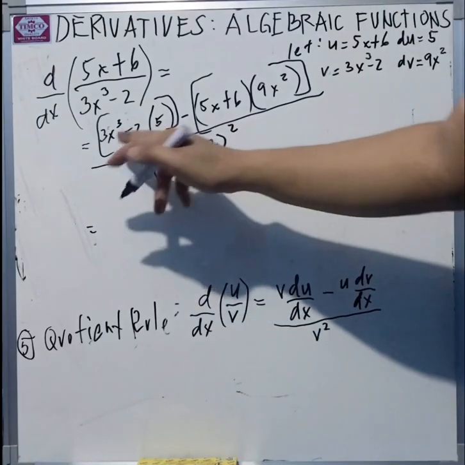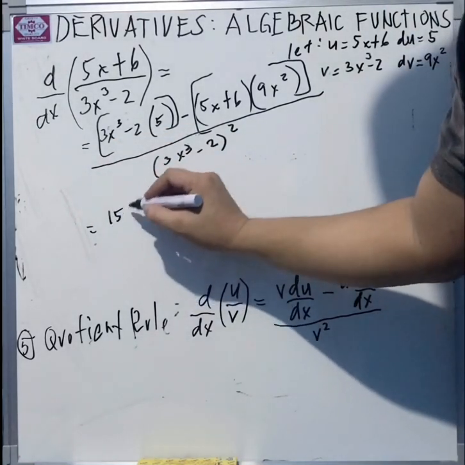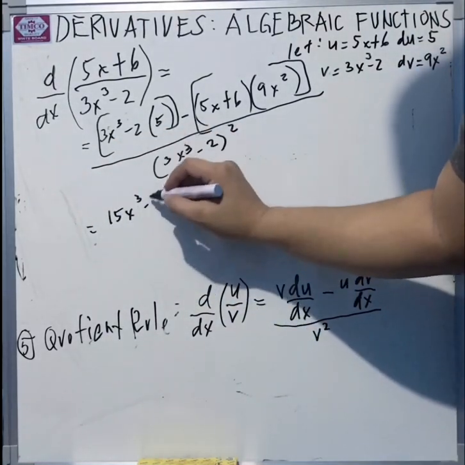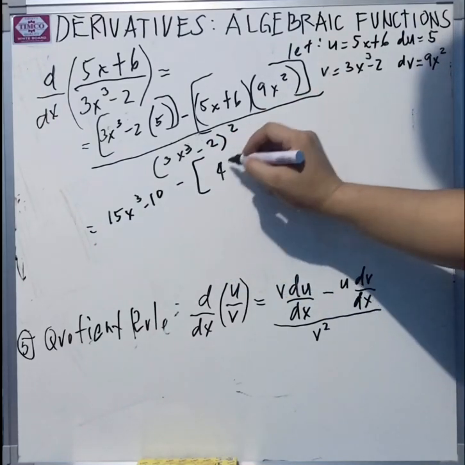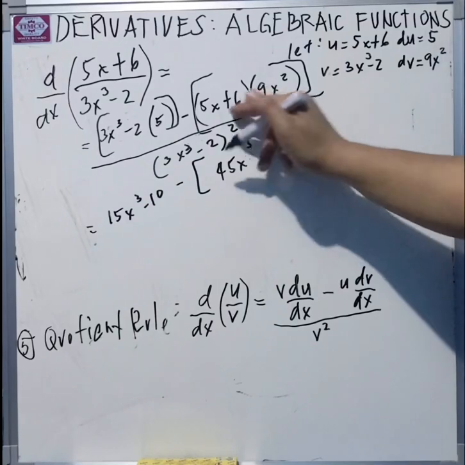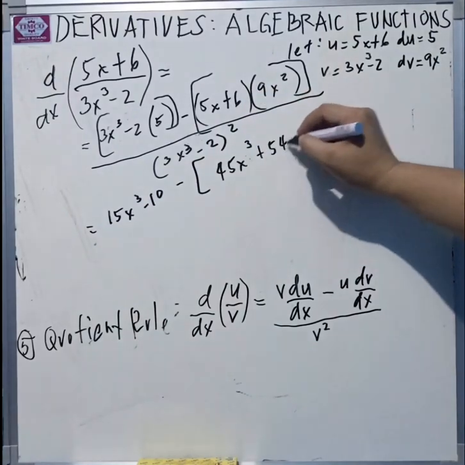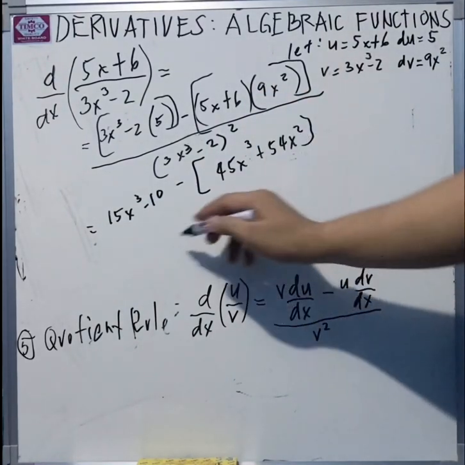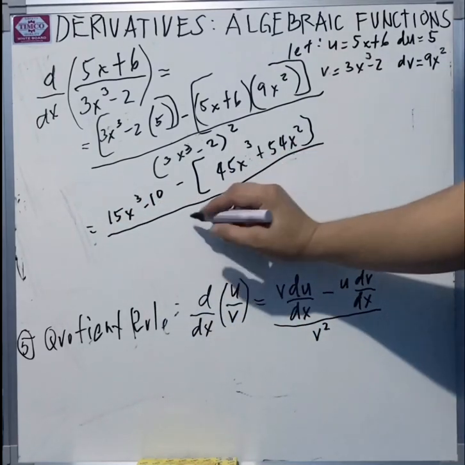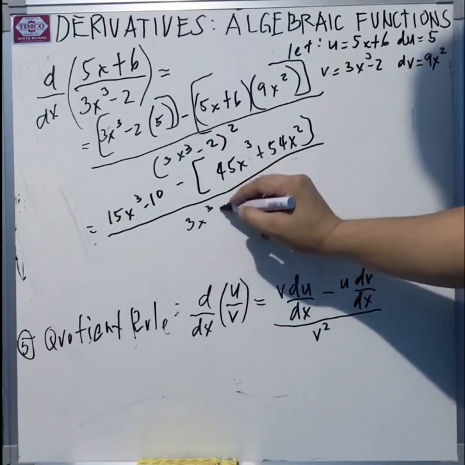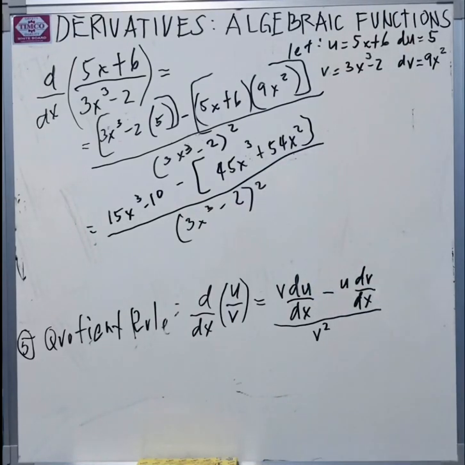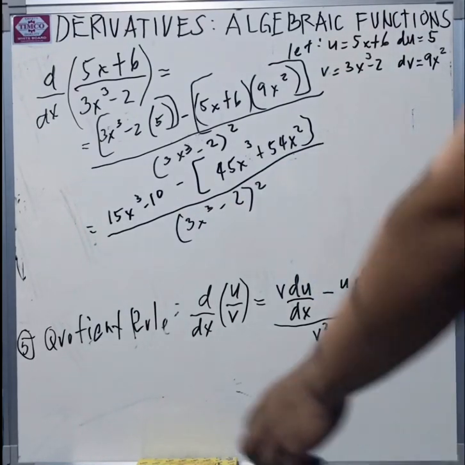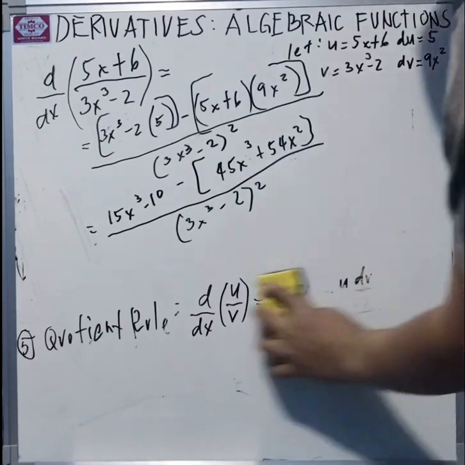We have 15x cubed minus 10 minus 45x cubed plus 54x squared. Diba? All over 3x cubed minus 2 squared. So, hindi pa tapos. Expand pa natin siya. Simplify natin.